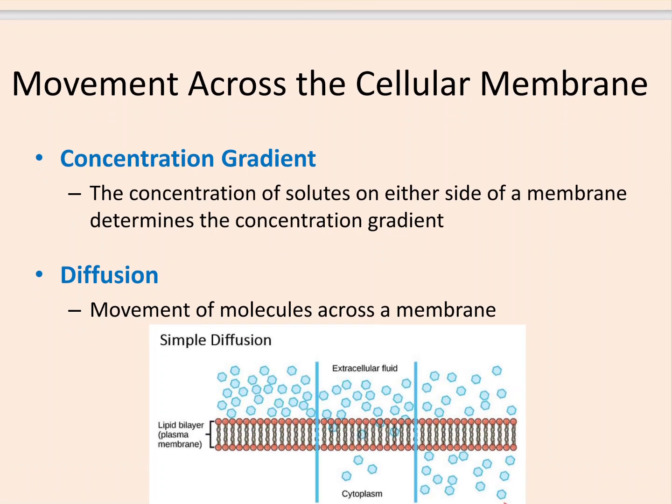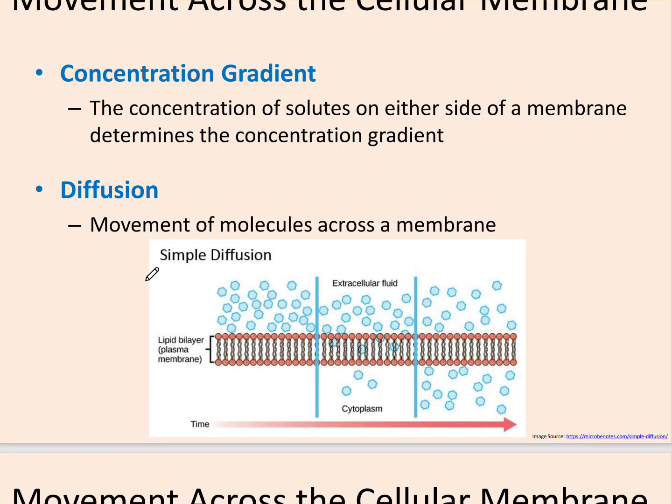All right, so let's start by looking at movement across the cellular membrane. All cells are going to have something called a concentration gradient, or I should say all molecules will have a concentration gradient. This is where whatever is located inside the cell may be in greater quantity than whatever is located outside of the cell.